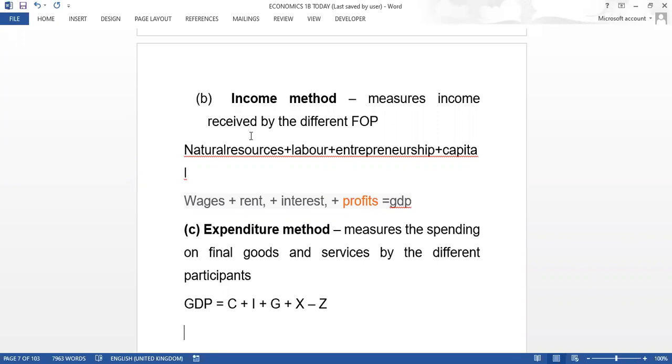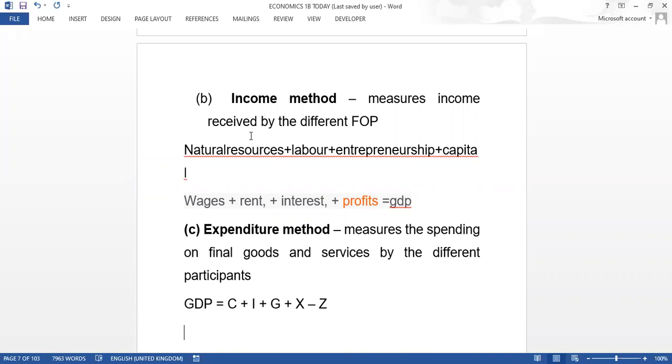And if you start an organization to combine your intelligence with the factors of production, as an owner of an entity, you receive remuneration in the form of profits. So the summation of wages, rent, interest, and profits gives you the total value of gross domestic product using the income method.